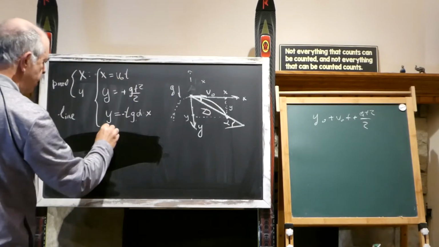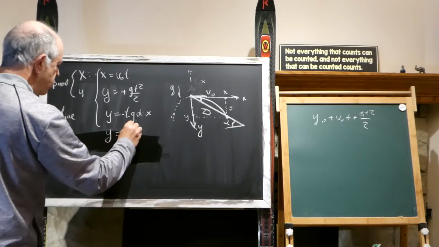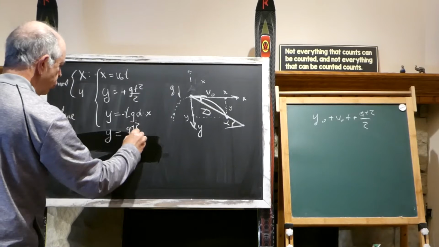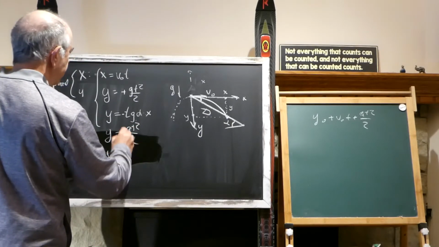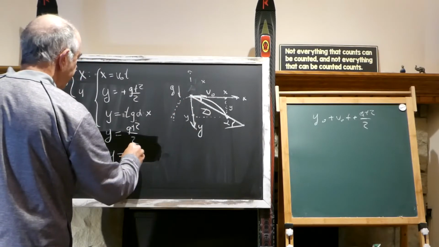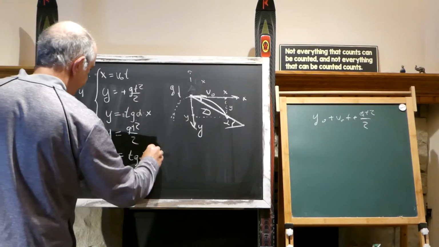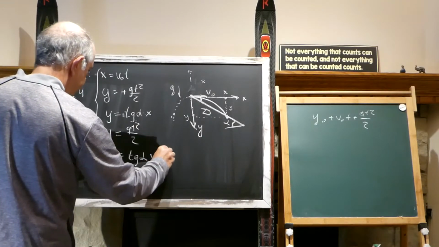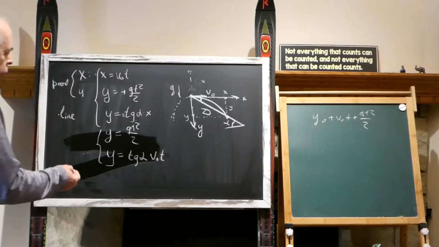So this is gone, and this becomes y equal gt squared over 2. And this becomes y equal, and it is positive because this is this way, tangent alpha, and instead of x I write v0t. And these are two equations, and I get rid of y. How do I get rid of y?